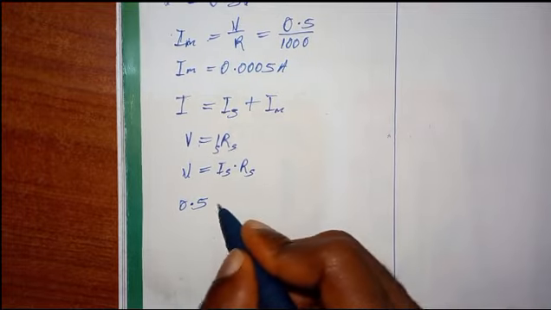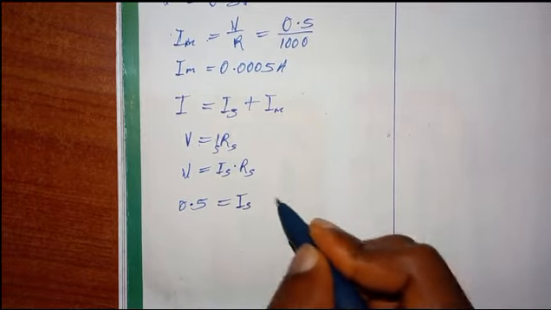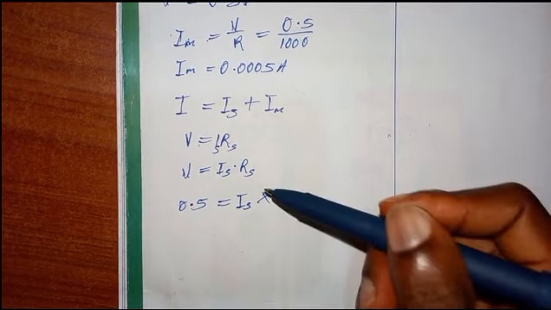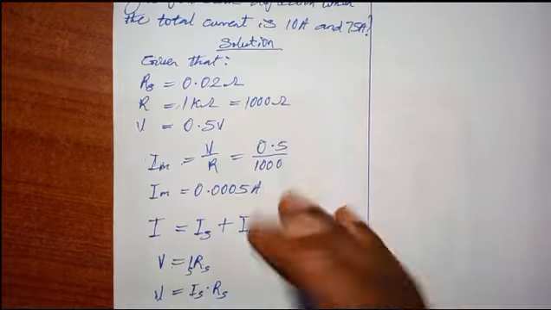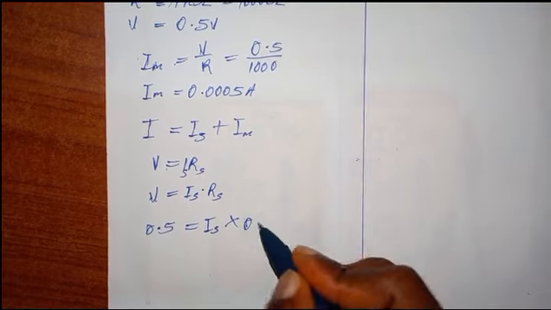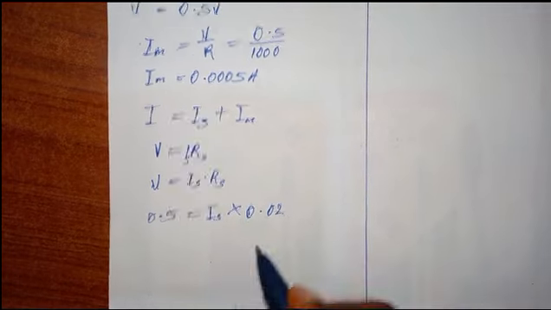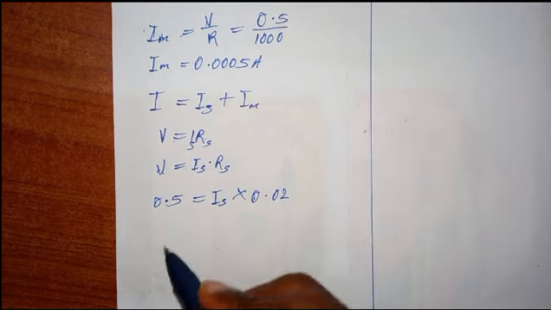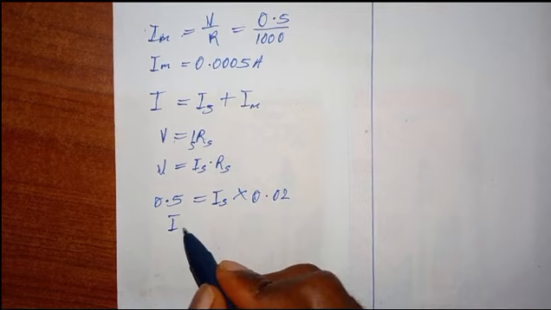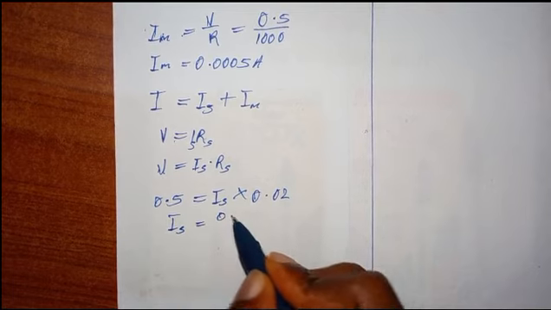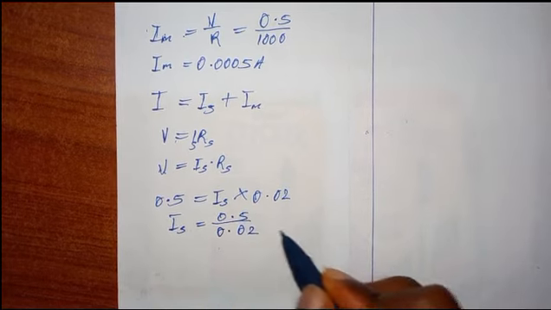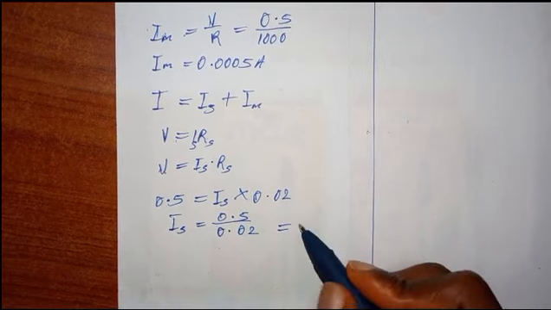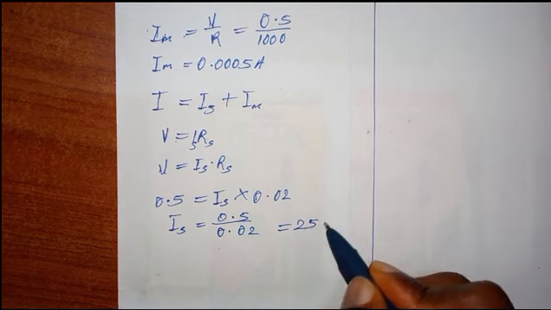We don't know Is. V is equals to Is times R shunt, and the shunt resistance is given to be 0.02. So make Is the subject of the formula. Then you have Is is equals to 0.5 divided by 0.02. That will be 25 amp.